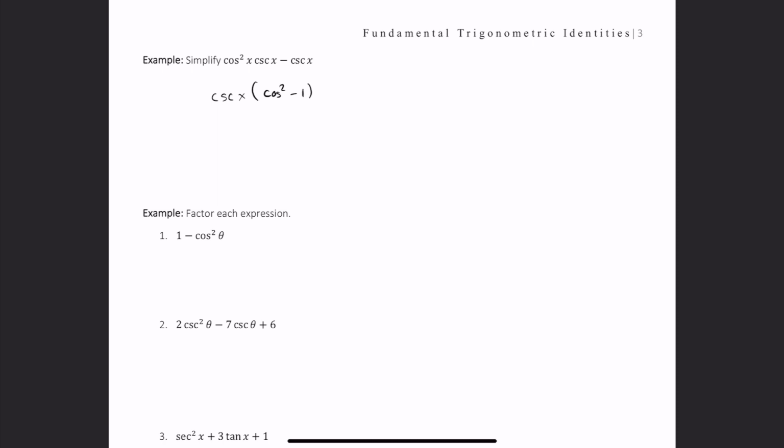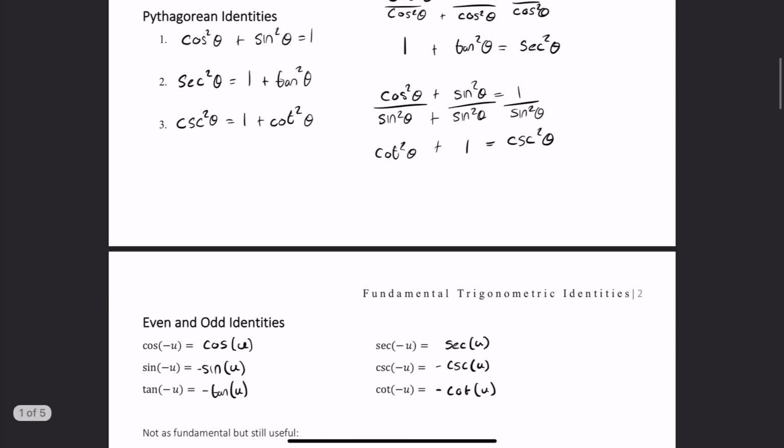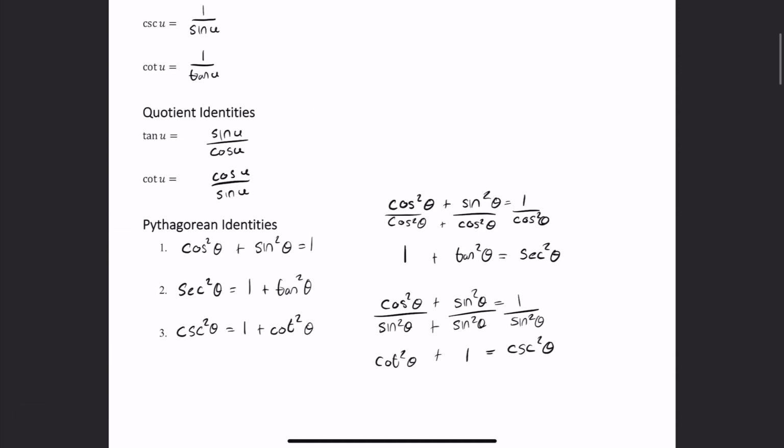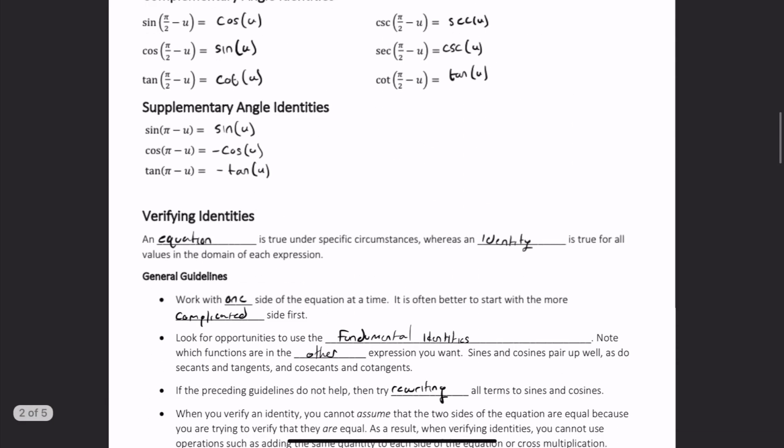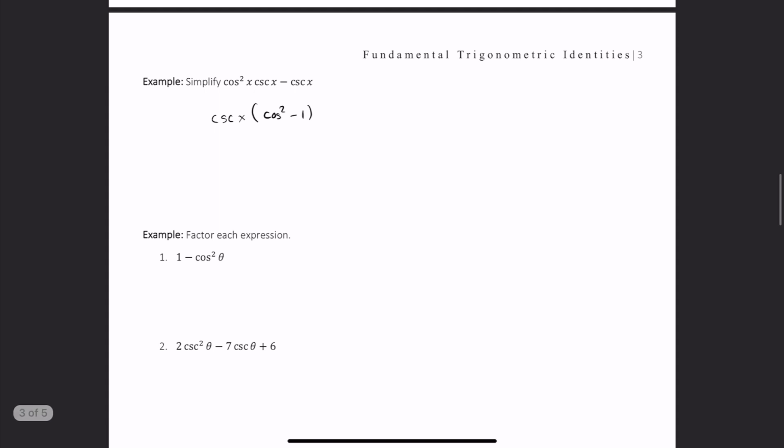We can factor it. Now, recall our Pythagorean identities here. We're going to use this one. So, remember, cosine squared theta plus sine squared theta equals 1.